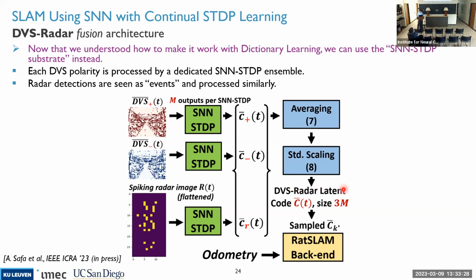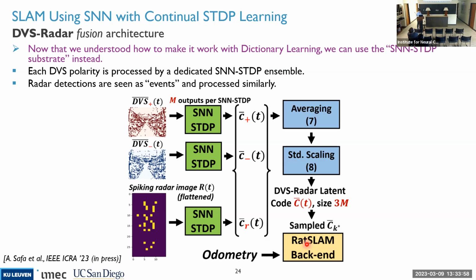These descriptors, which are now of continuous value because we do the average, are then fed to a RatSLAM backend. RatSLAM is a very popular SLAM backend, quite old in fact, but still very popular, that was modeled according to the hippocampus of the rodent. It can receive any form of descriptor and perform SLAM in a bio-inspired, rodent-inspired manner.